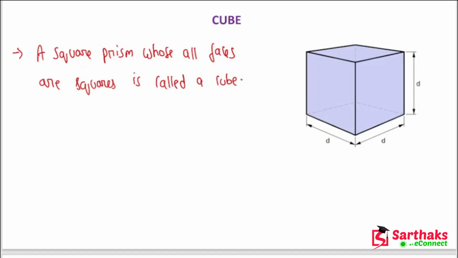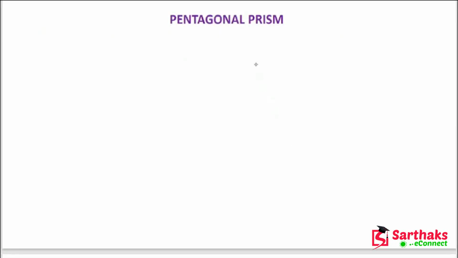Now the last type of prism we can talk about is a pentagonal prism, right? So as from the name, you can identify that a pentagonal prism is basically a prism which has uniform pentagonal cross section.